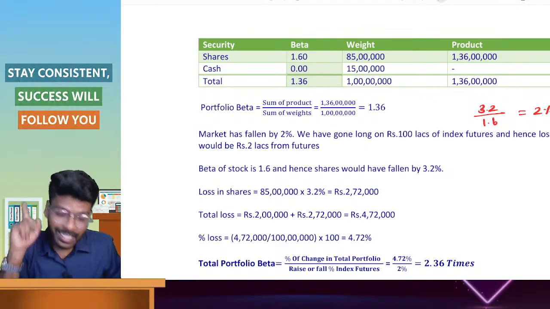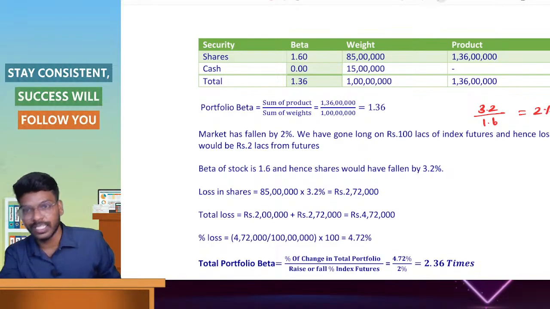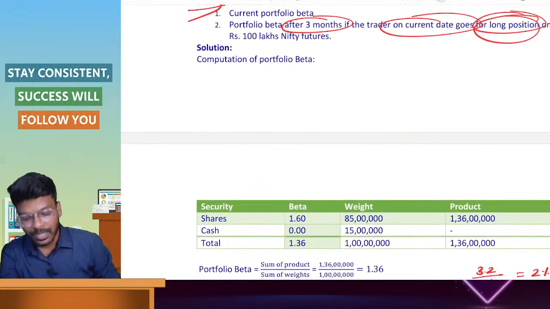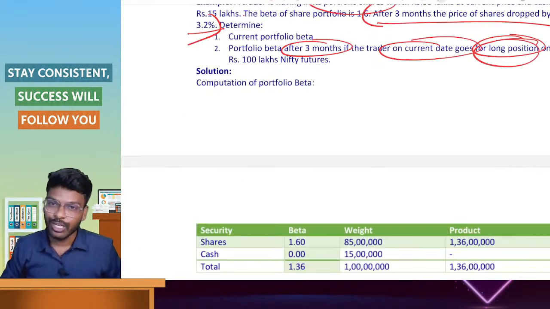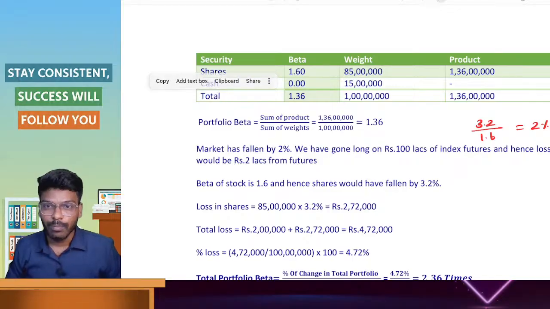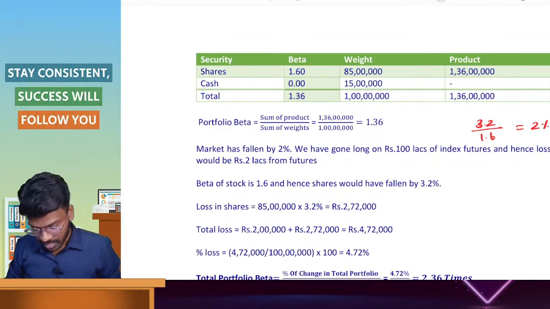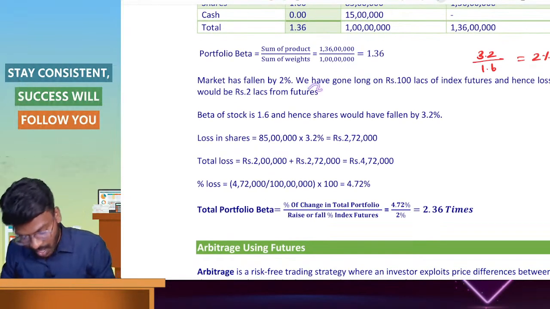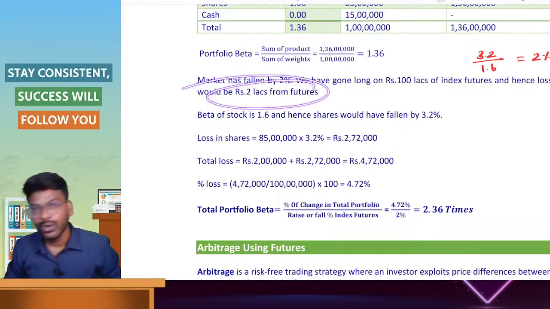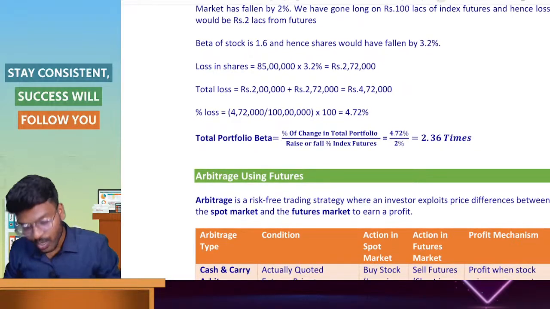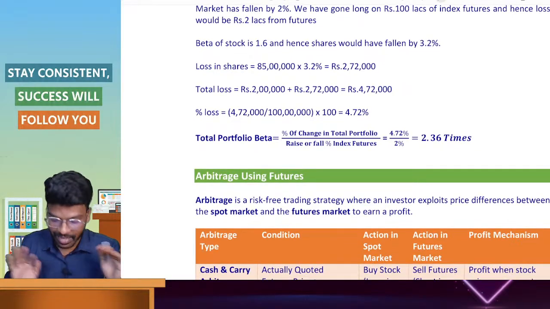In case of hedging, you have to take the opposite position. But in this example, he has gone for a long position, also a long position. So you will get a loss in both. Both market and share portfolio, you will get a loss. Loss of 2,72,000 in this case, and 2 lakh loss. So total overall loss is 4,72,000.